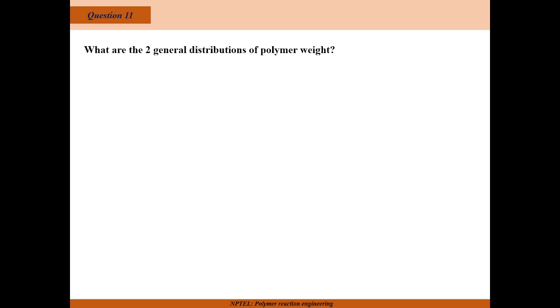They are the number average molecular weight and the weight average molecular weight. So what are the two distributions that can be possible?